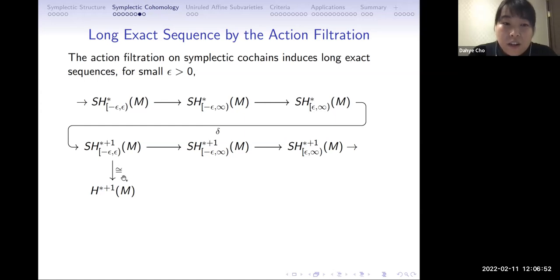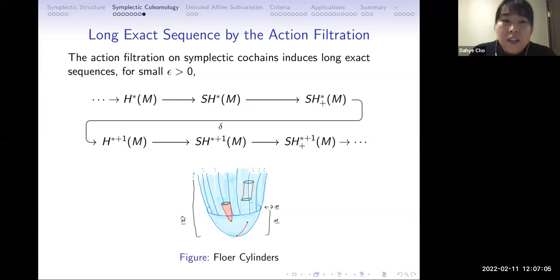And the symplectic cohomology with small action is actually isomorphic to the cohomology of our M. So the connecting map delta actually shows we have a Floer cylinder connecting a non-constant orbit and a constant orbit. A constant orbit corresponds to a Morse critical point in the interior of the Liouville domain.